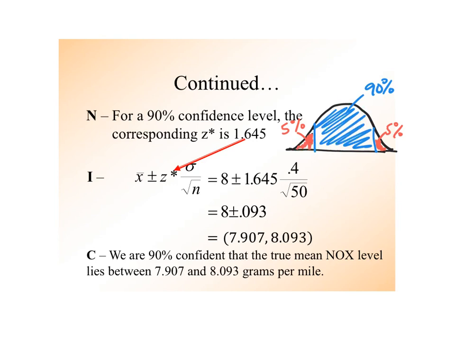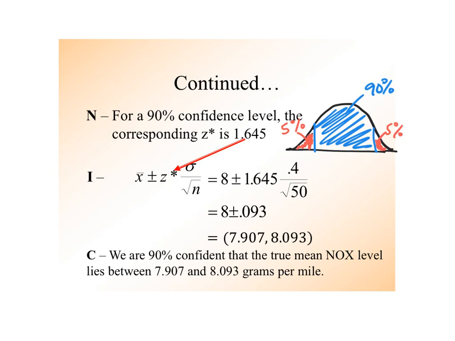But remember, the normal chart only looks at the tail parts. So if I have 90% in the middle, that means I have 5% on my left, 5% on my right. So if I look for 5%, that's going to give me the z value, and I looked at the table and I got a z value of 1.65.